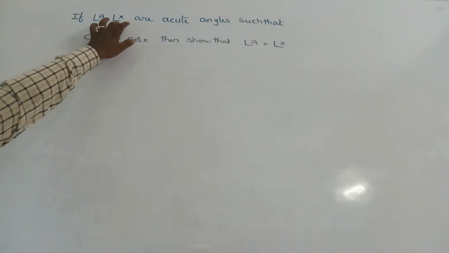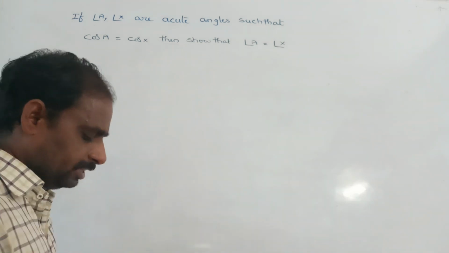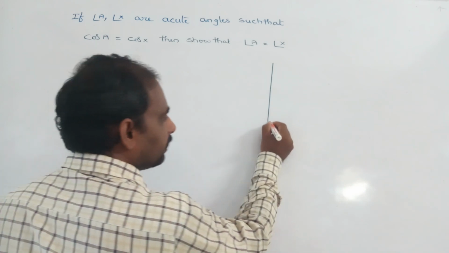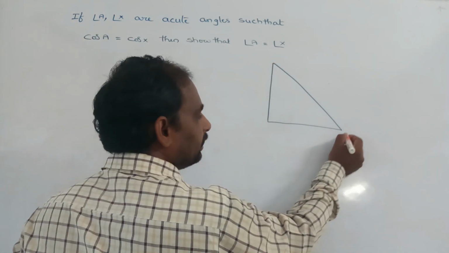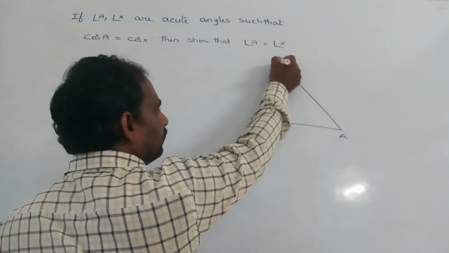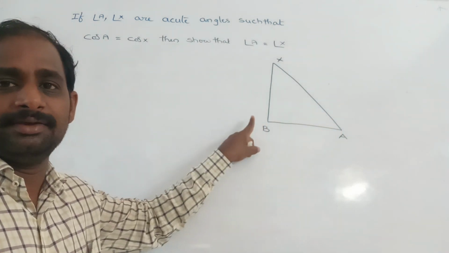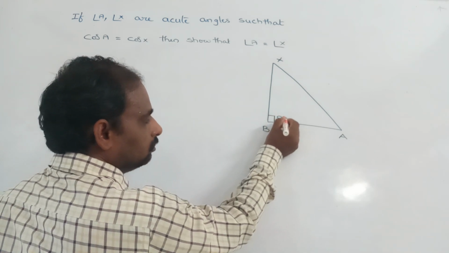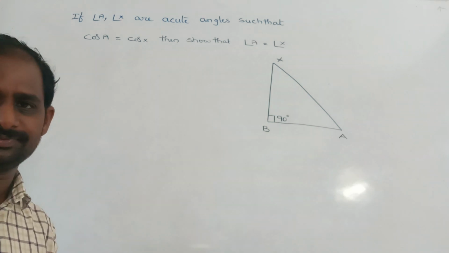Angle A and angle X are acute angles. So these two acute angles I want to take in a single right angle triangle. Let us consider a right angle triangle ABX, where angle B is equal to 90 degrees.